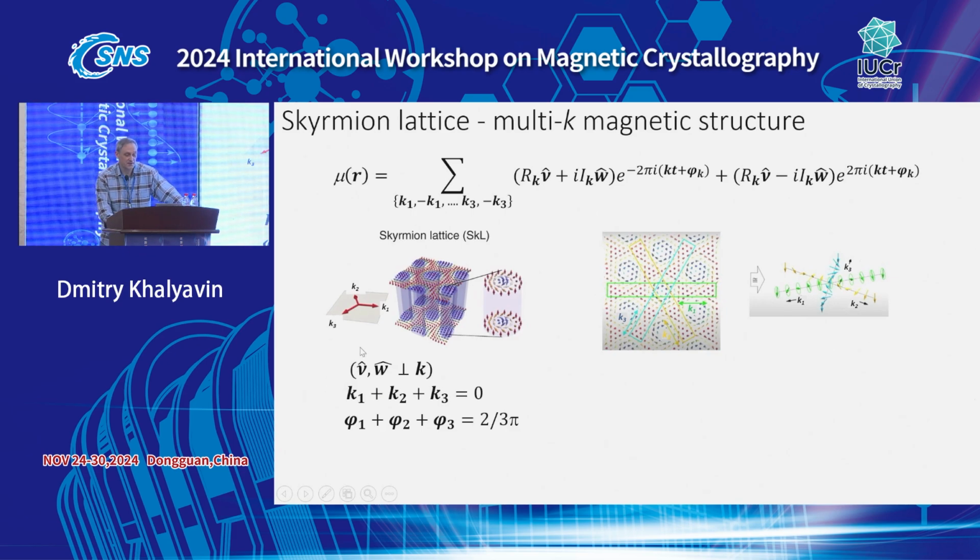For instance, in the classical MnSi, the first condition is 3 ellipses, 3 helical components. So it means that the real and imaginary components are perpendicular to the propagation vector. Second, it has to be 3 arms. 3 again implies, if you take into account K and minus K, 6 arms.